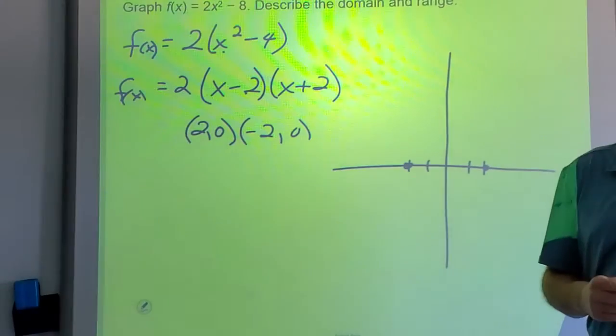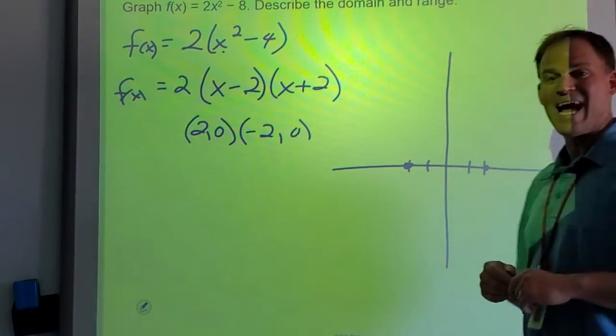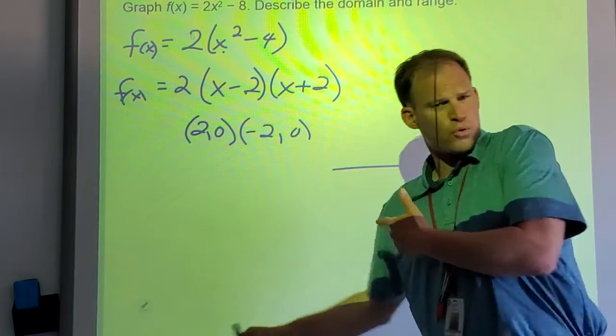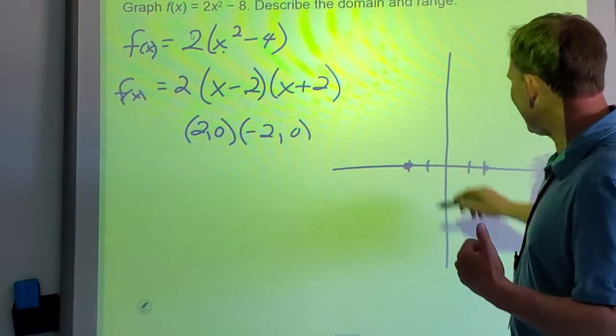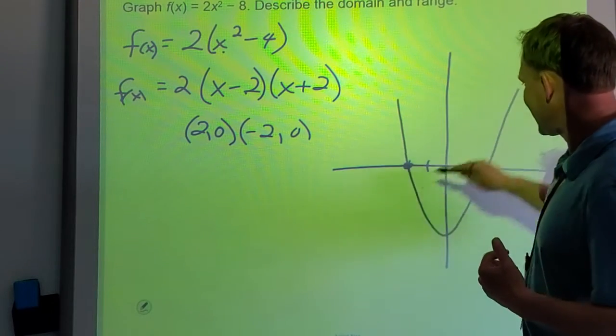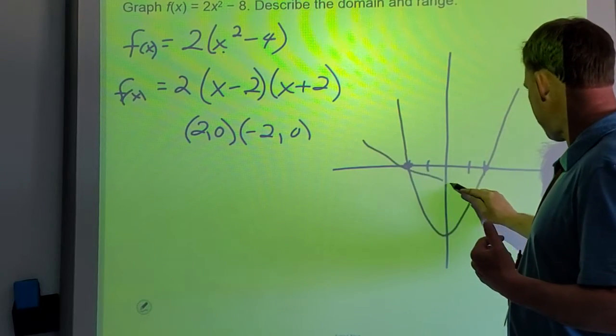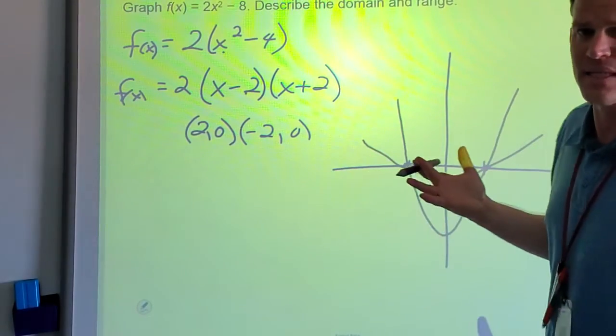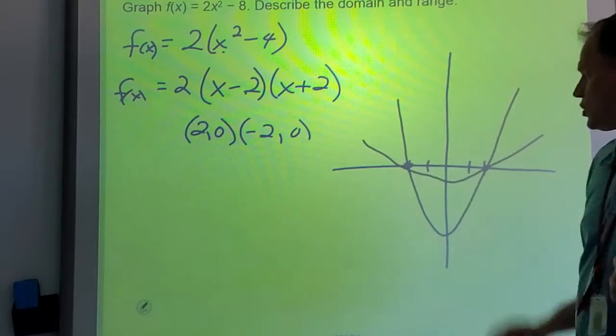There we go. What is the axis of symmetry? So I know my parabola goes here. It could go like that, or it could go like that. I don't know exactly the path that it takes. I just know it goes through these 2 points.